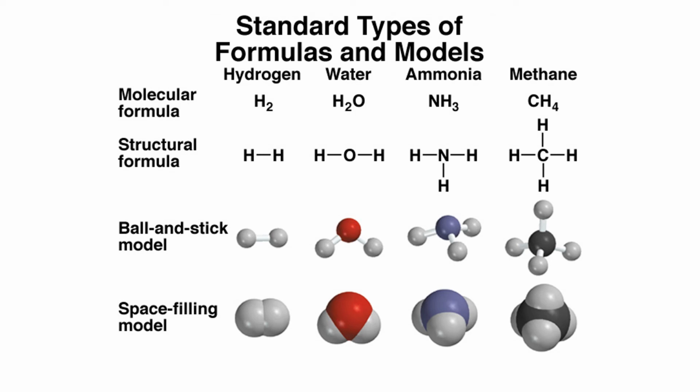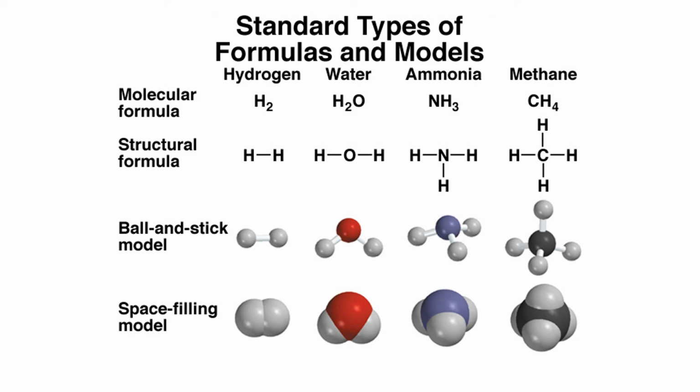Okay, so this is just to familiarize you with the number of ways that we represent molecules or formulas, and some models that give us a little more information than just the simple molecular formula. The molecular formula tells us how many of each type of element are present in that molecule, but that's about all it tells us.